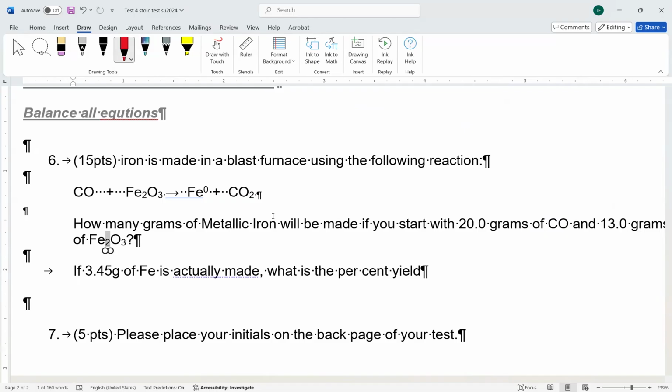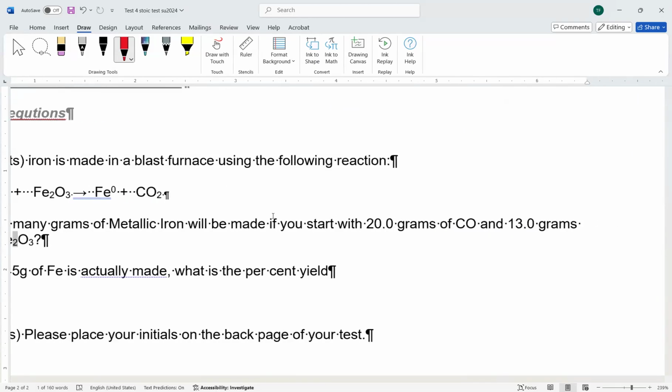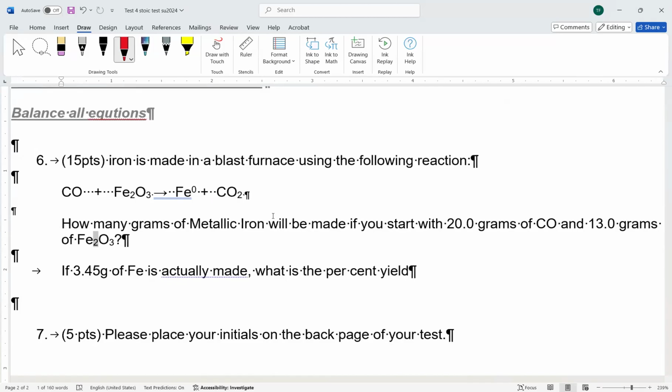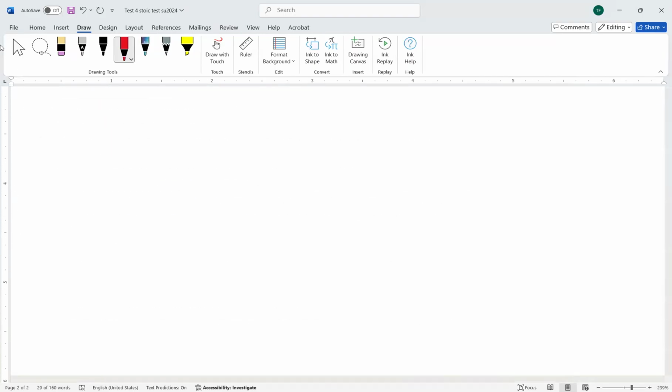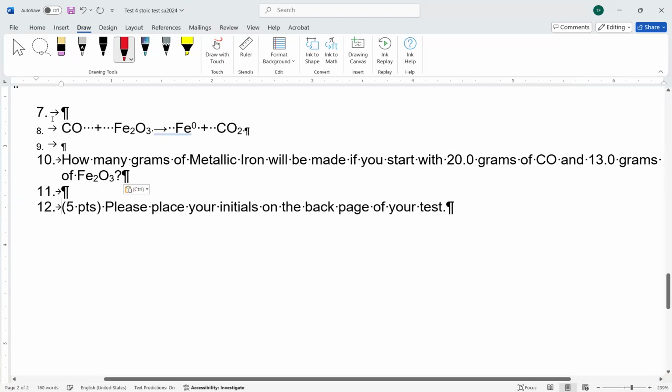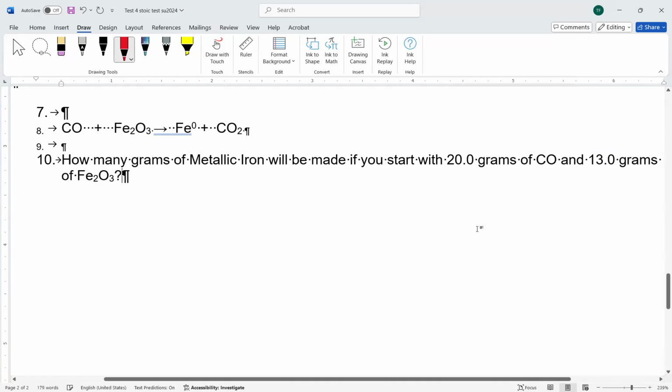Okay, so first things first, I need more room to work this problem. First thing first, we need to balance the equation.